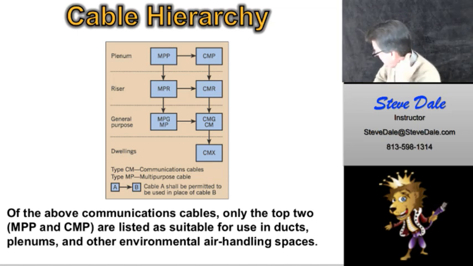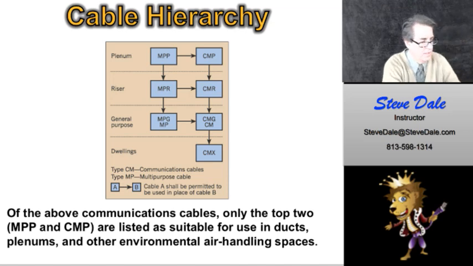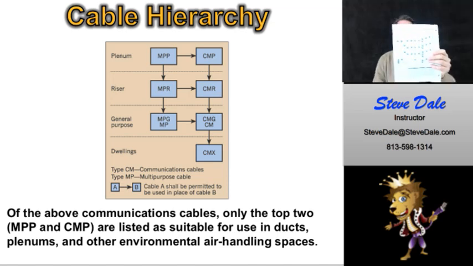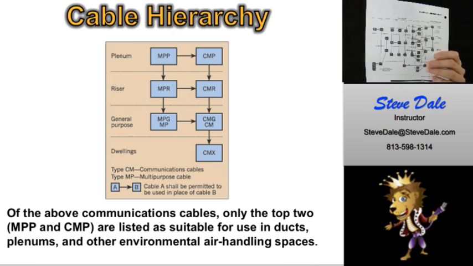Now this is okay. Let me explain something here, which is another issue. And I've given you this in your supplementary sheets. It's right here. Okay, this is the hierarchical chart for cabling.